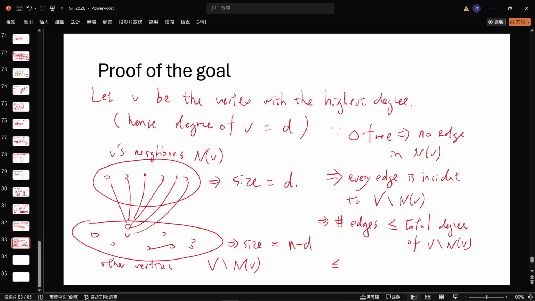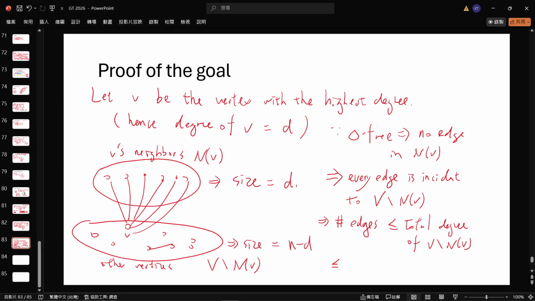So now we have established that the number of edges is upper bounded by the total degree of this bottom set. Now the question is, what's the highest possible total degree of this set? Well, just count the number of vertices here.